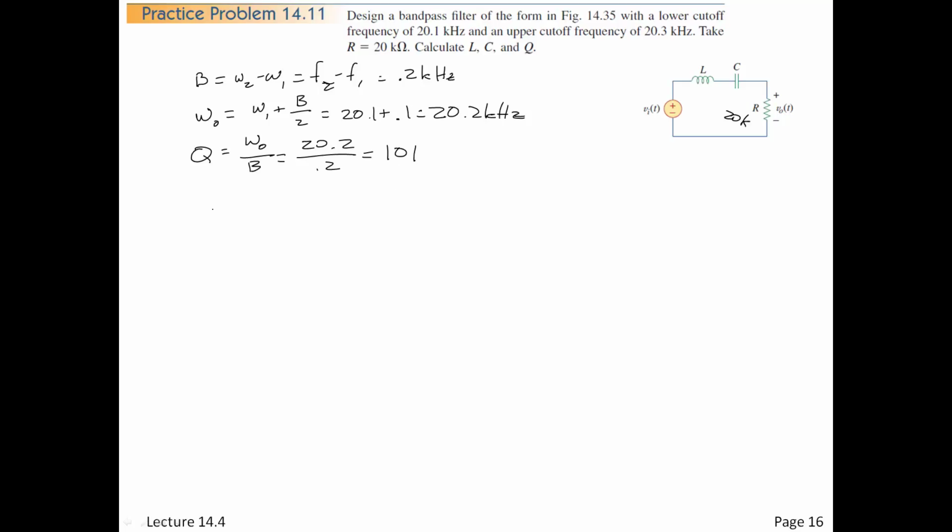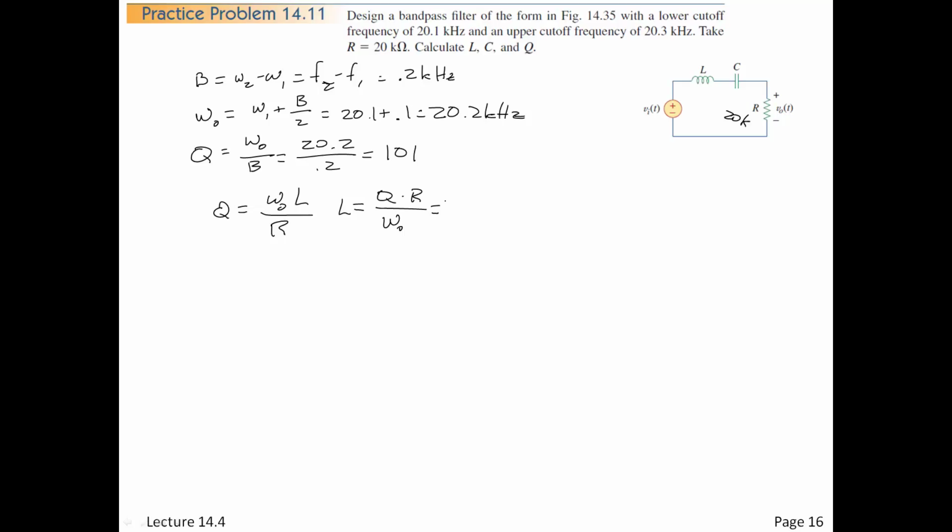We had a bunch of other formulas, so we can just pull off of a chart or those pages where the Q for a bandpass, now remember these are just resonant circuit activities, is omega 0 L over R. We know R in this case, so we know everything but L. So L is going to be the Q times the R over the center frequency.